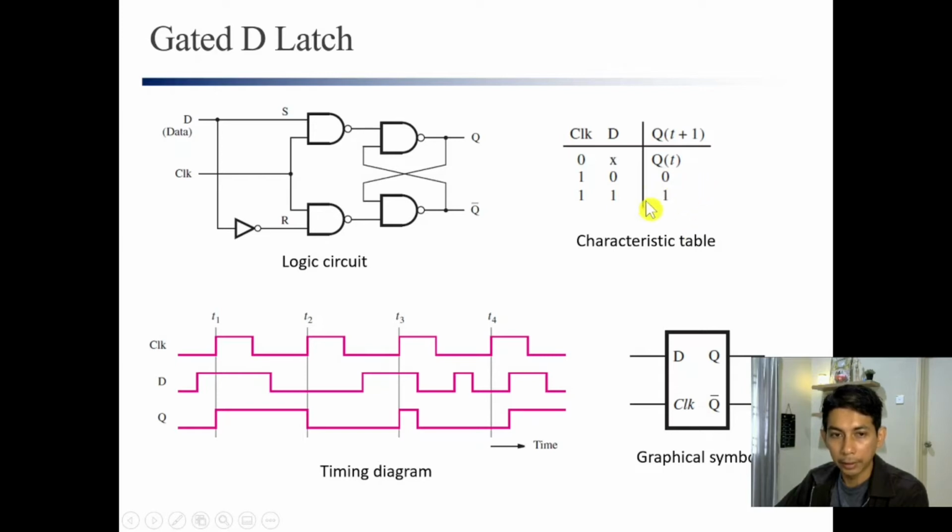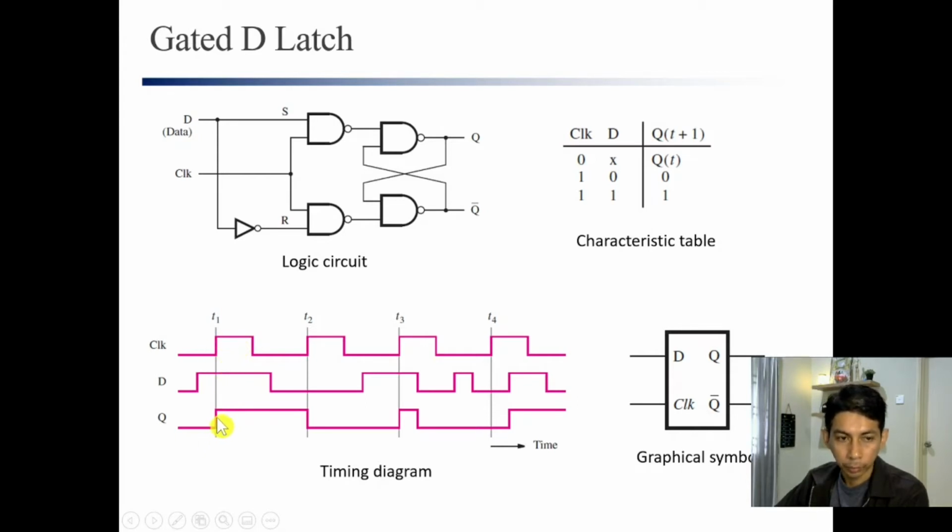For example, when we look at this, this is our clock. D goes to 1 here, but there is no clock, so Q still remains 0 until we have a clock here.